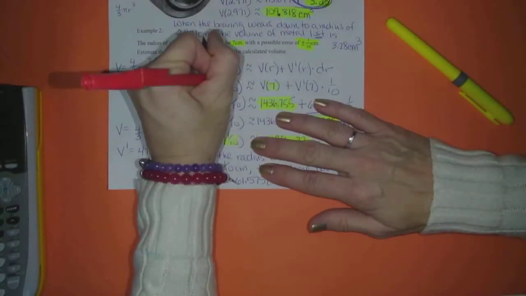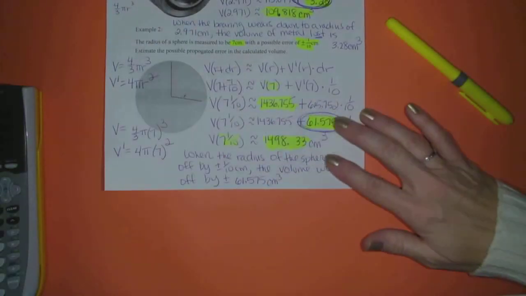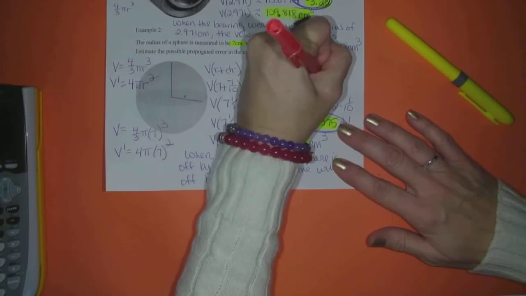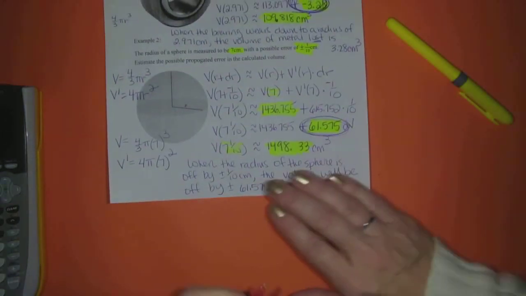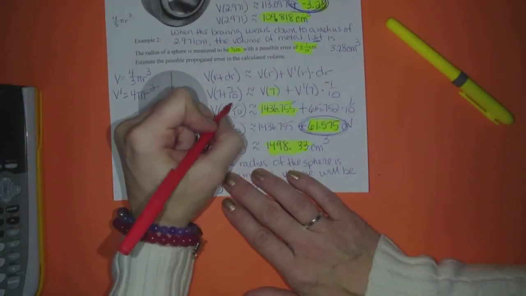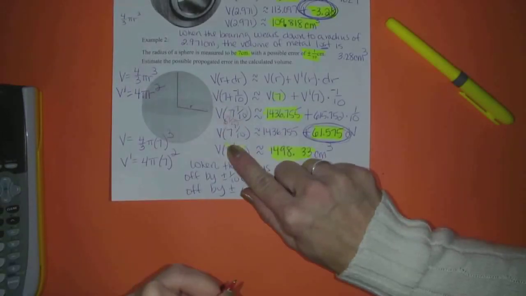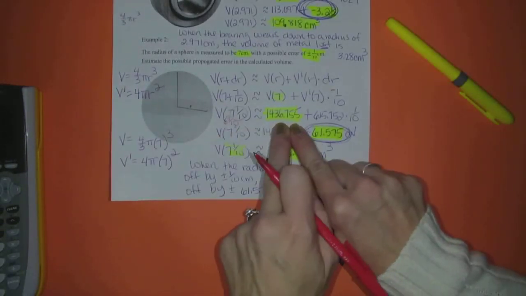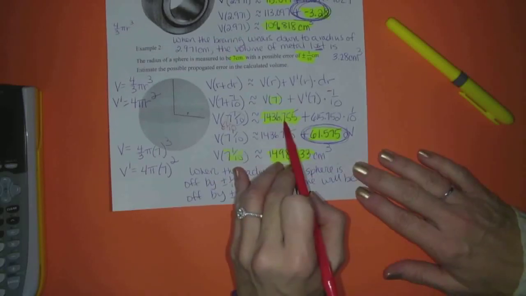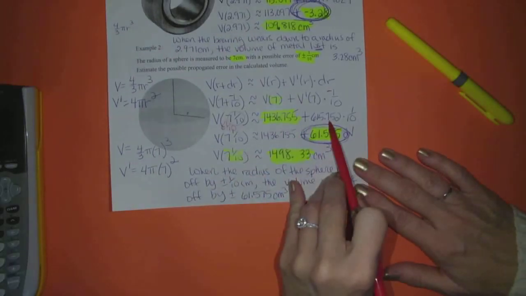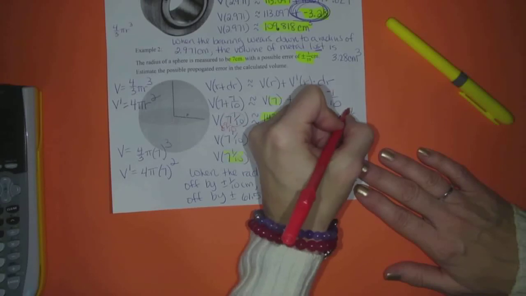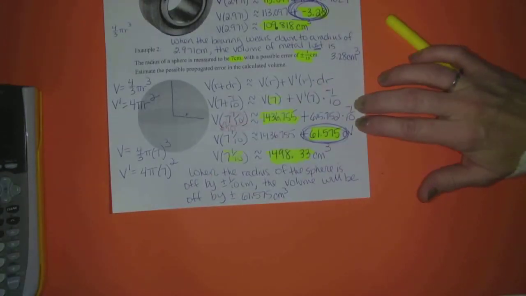If this had been negative 1/10, this back here would have been negative 1/10, and we would have been finding the volume when the radius is 6 9/10. But all that would have done, it would not have affected this calculation. It would have affected this right here.